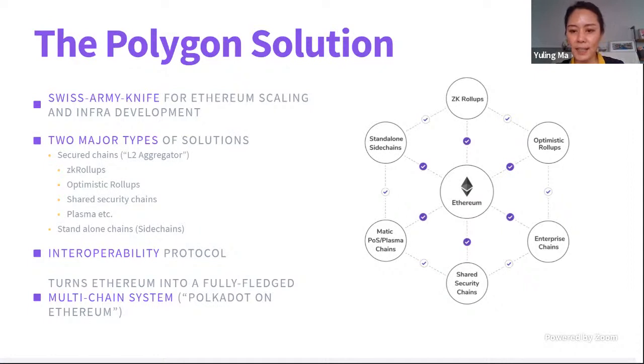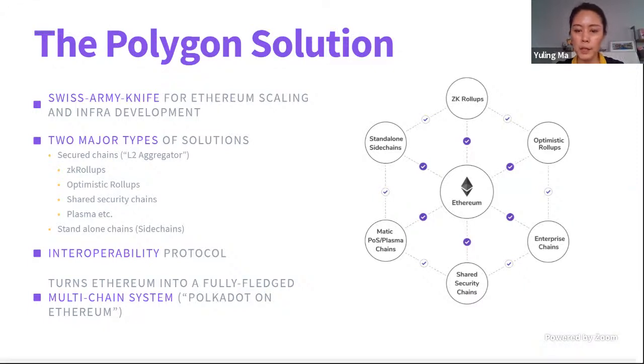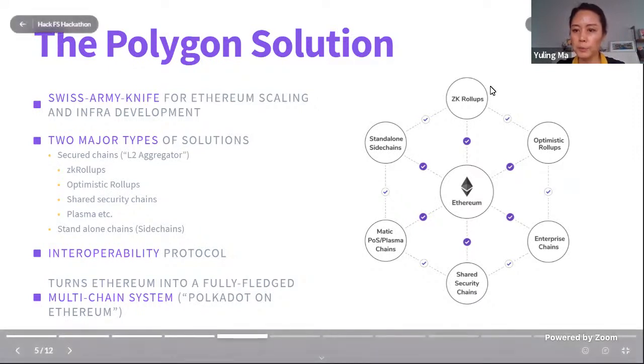So if we take a look at the graph to the right here, you can see that we basically have Ethereum as the main hub in the center, right? And then we have different scaling solutions surrounding it, which form a polygon. Here we see the POS plus meta chains currently offered by Polygon, and then there are standalone side chains, just like our POS chain, and then there are also secure chains, like ZK rollup and optimistic rollup as well, and then there might be an enterprise chain as well, right?